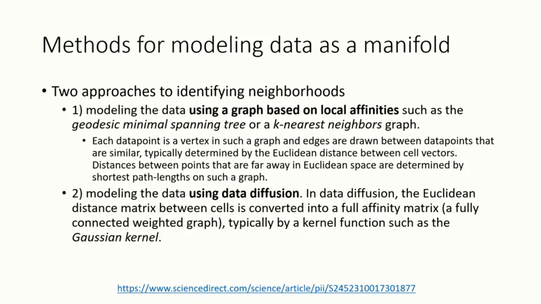So KNN and this graph-based approach to model the relationship between data points are most commonly used, but you can also use so-called data diffusion. We have some examples. For diffusion, you apply a Gaussian kernel, and this helps you convert the distance.